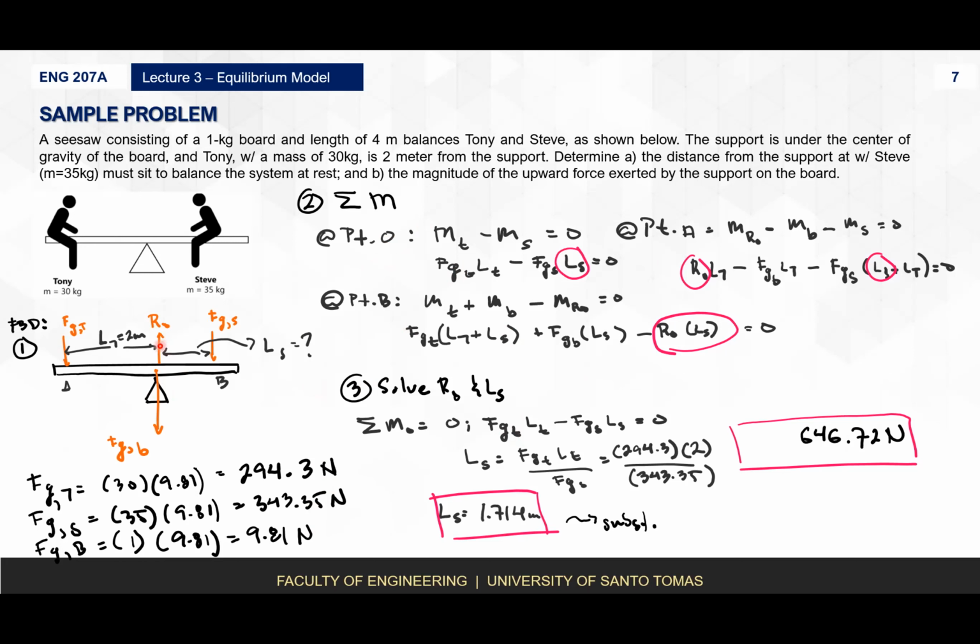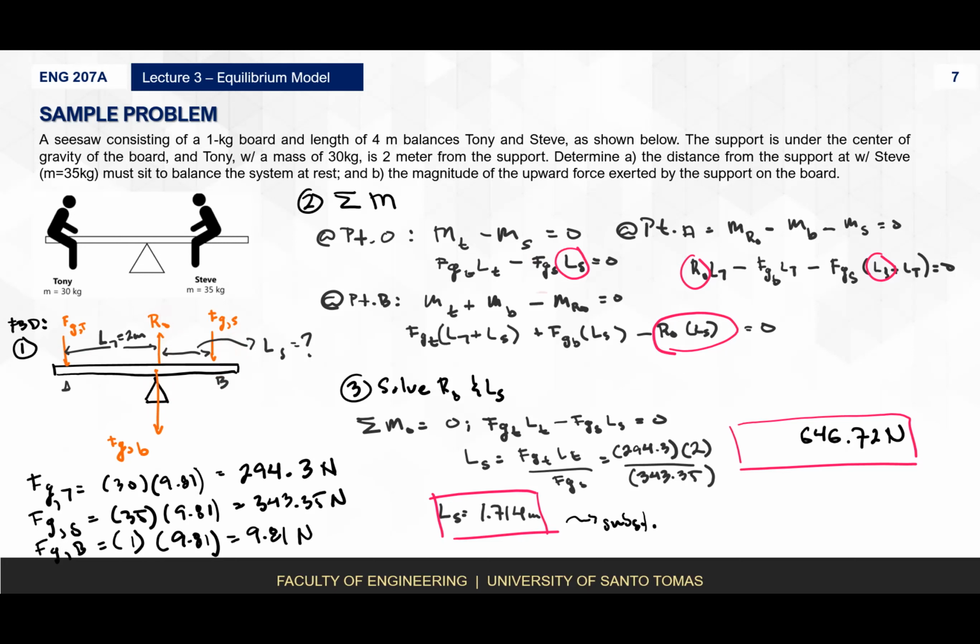So we're talking about pag nandito yung reference point natin, wala na yung RO and FGB natin. So we're just talking weight ni Steve and Tony lang dito. So Steve here, pag dito tayo, Steve is moving in a clockwise direction, and per our nomenclature, clockwise is negative.